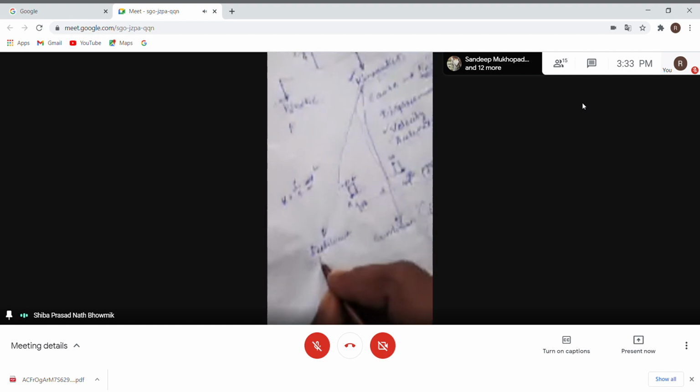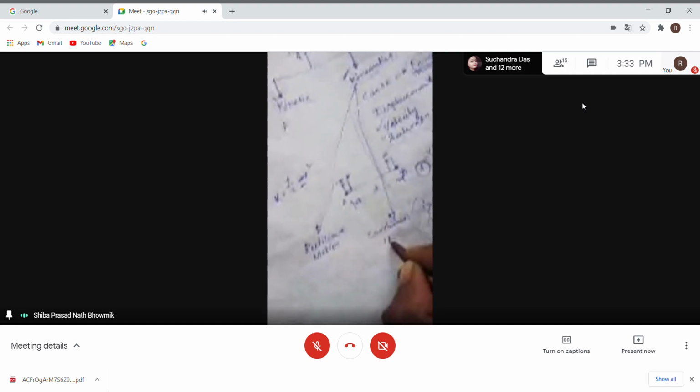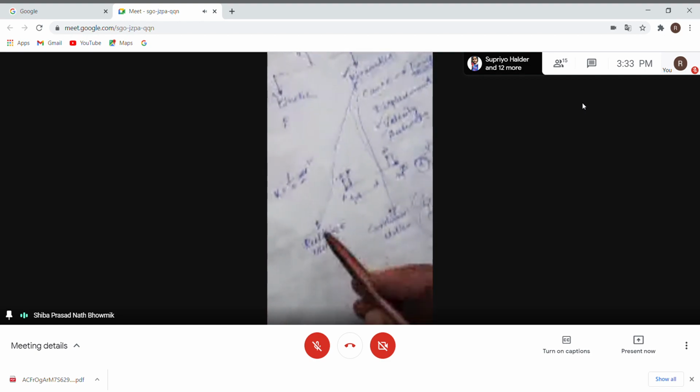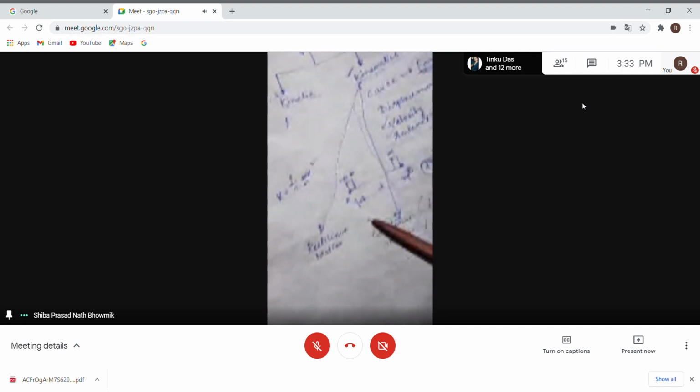Rectilinear motion and curvilinear motion. Now, what is that? Rectilinear motion or linear motion, and curvilinear motion.